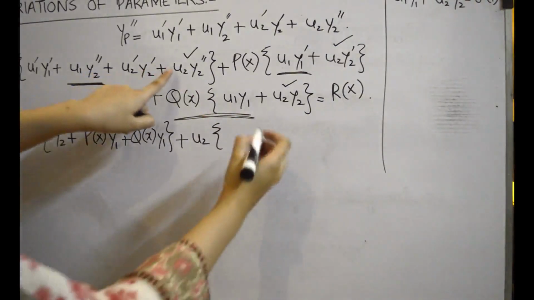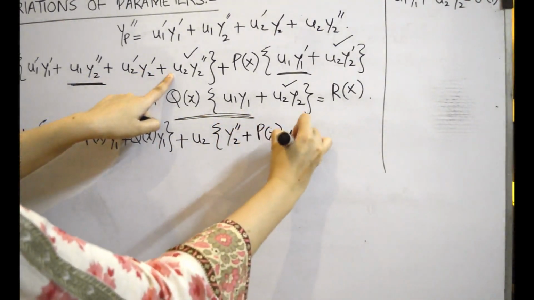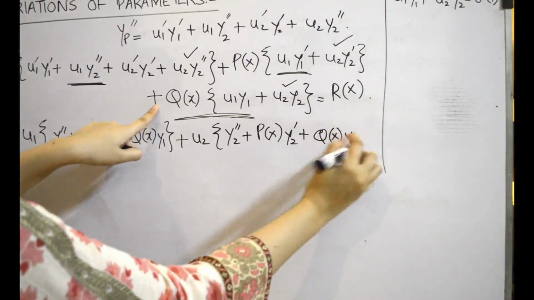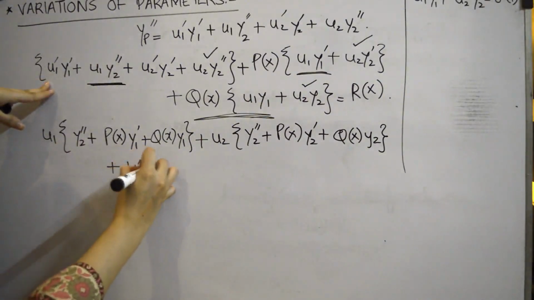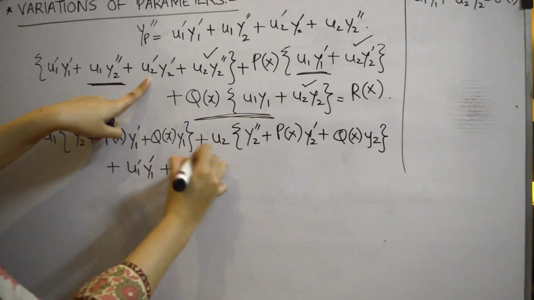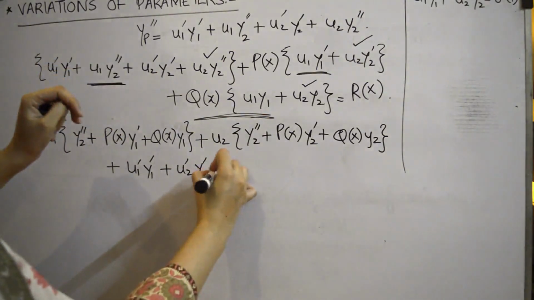So u2 times y2 double dash plus p of x y2 dash plus q of x y2. This is simple. Now you will write the remaining terms. The remaining terms are plus u1 dash y1 dash plus u2 dash y2 dash, and no term is left, equals r of x.